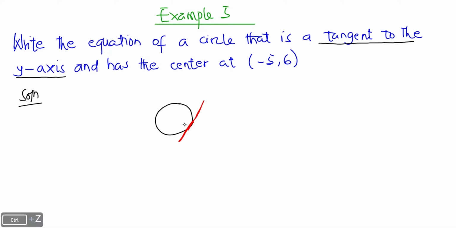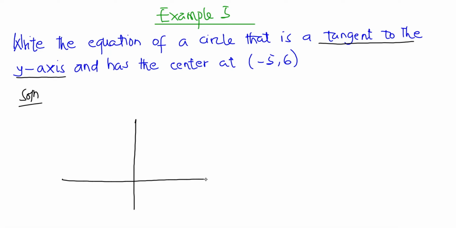Now applying the same idea to this question, they're saying that we should find the equation of a circle that is tangent to the y-axis. It means that the y-axis touches the circle at one point. So if this is our Cartesian plane and we have our circle at this side, the circle is coming to the left hand side because of the center.